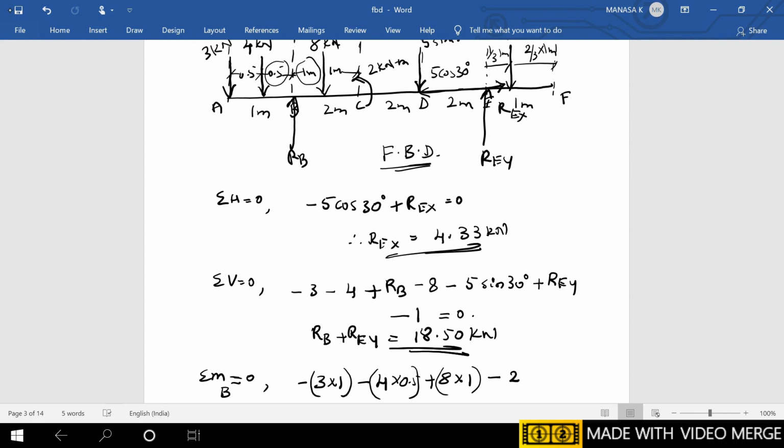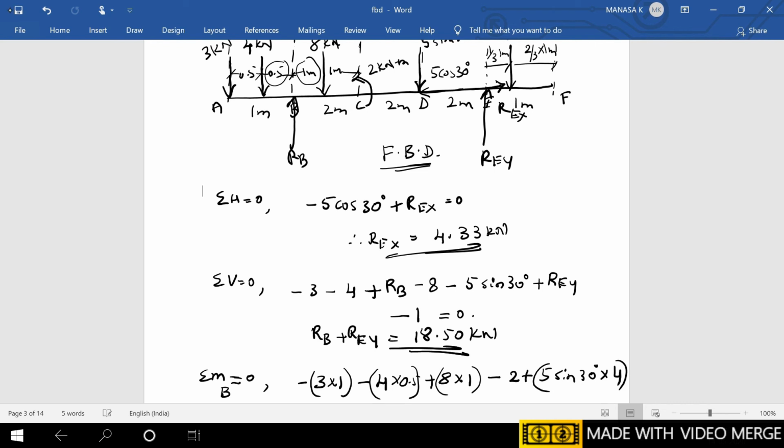First, consider the 5 sine 30 force, whose line of action is like this. Point is here. From here to here, drop a perpendicular, which will be the perpendicular distance of 2 plus 2, that is 4 meter. So force is 5 sine 30 into perpendicular distance 4, and the arrow mark is downward, which will again act in a clockwise direction.